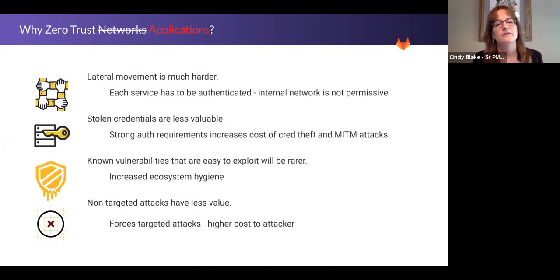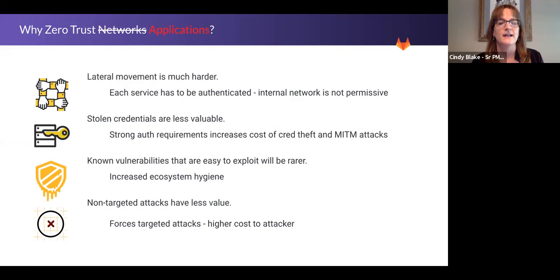So, bottom line is, just like Zero Trust has lots of advantages from a network standpoint, those same characteristics and qualities apply if you take that same approach from an application standpoint. Lateral movement is harder.